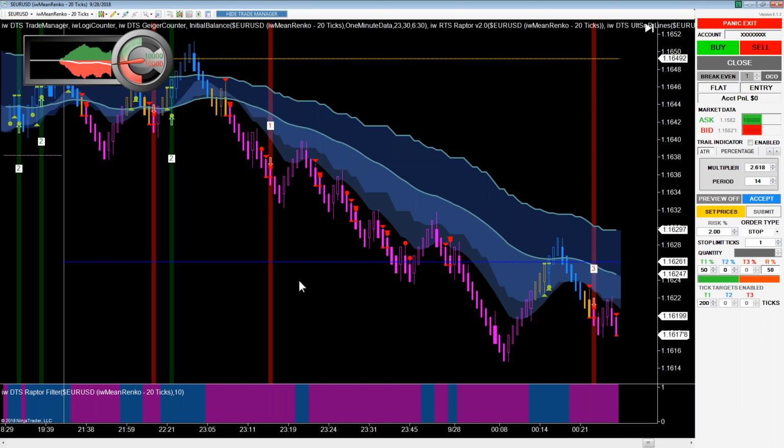When all the signal parameters are met, we're going to get a triangle and a hash mark, and that tells us that it's decision time. So as far as the programming is concerned, all the requirements to generate a signal have been met when we get the triangle and the hash mark.